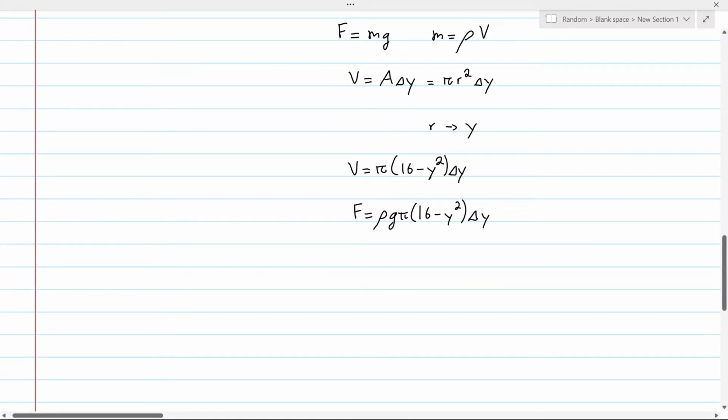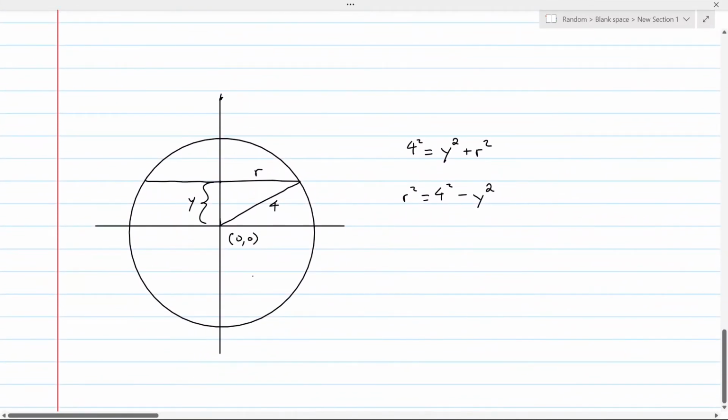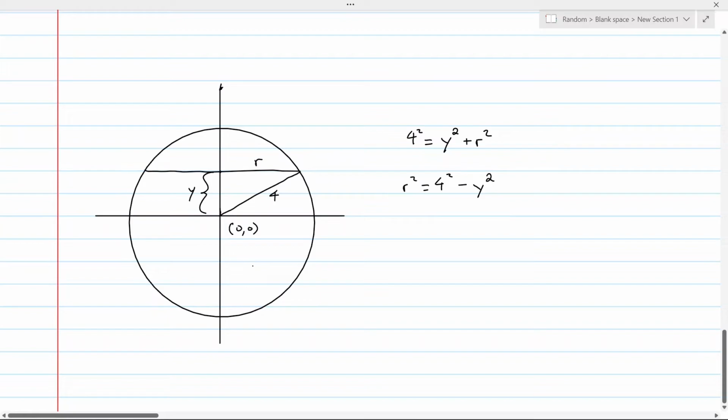Next, we need to know the distance. Well, back to our diagram here. The top of the spout is going to exist up here, which is at the point 0, 5. Because the radius of the sphere is 4 and the spout is 1 meter above that, so it's going to be 5 meters from the origin.